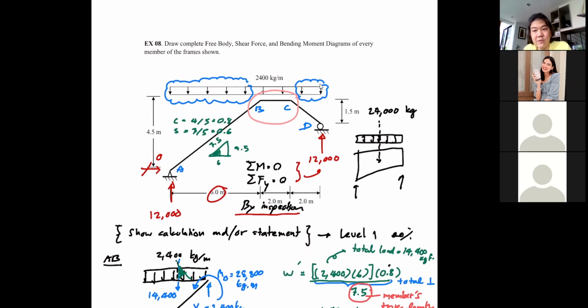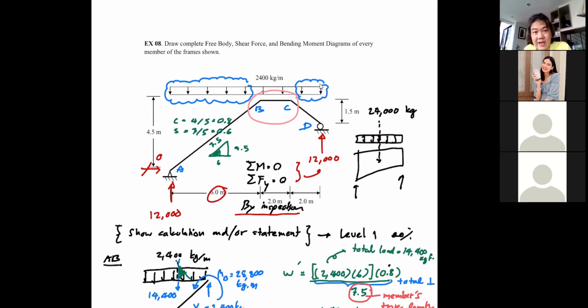One thing I like to point out, I got the question from one of your friends. That is, if your free body diagram is correct, everything will fall into places. If your free body diagram is not correct from the first place, chances are your shear force and bending moment diagram is going to be messed up as well. So if you have the proper free body diagram, it should lead you to proper shear force and bending moment diagrams.